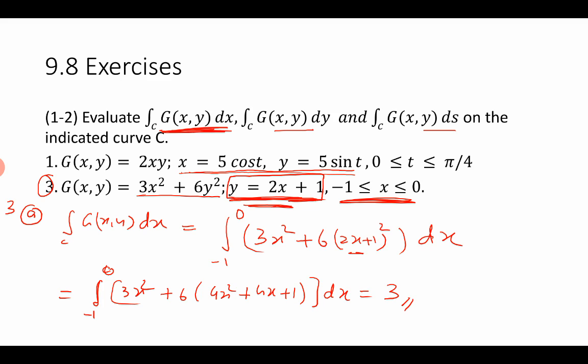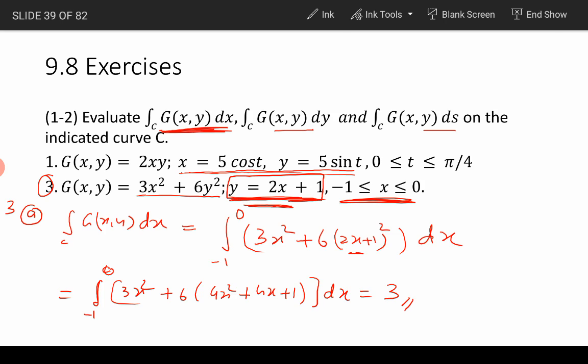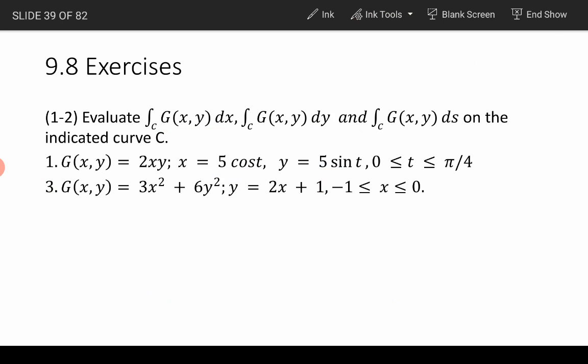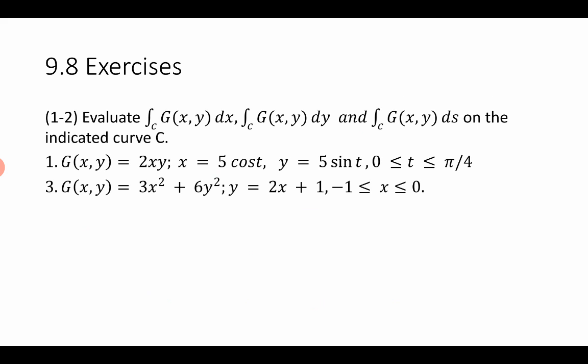Try this one. I'm going to the second case, dy. What happens here? Y is given as 2x plus 1. So what is dy? When you differentiate both sides, the left side will be dy and the right side will be 2 times dx plus 0.